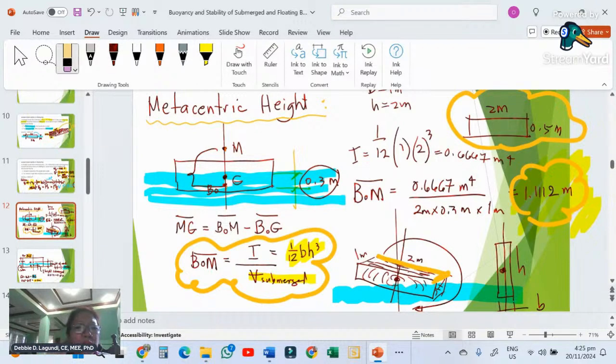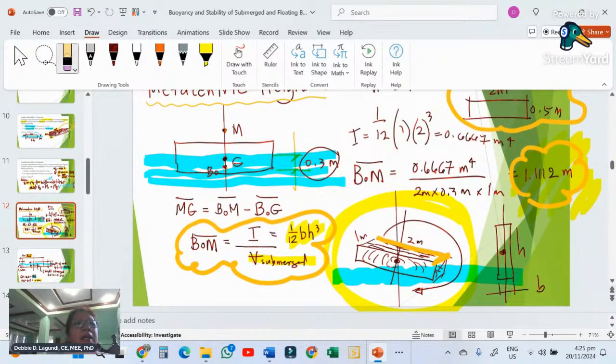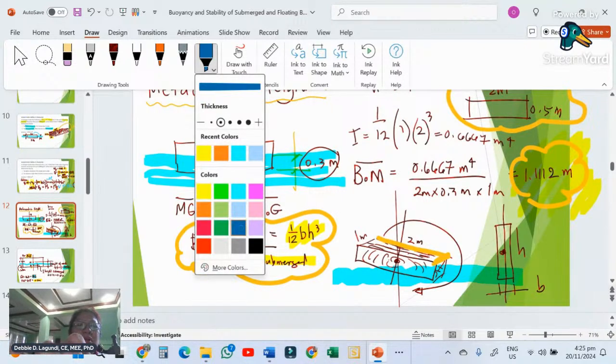Now, for the moment of inertia, let's consider the rectangle in this scenario. Hang on, I'm going to circle it.